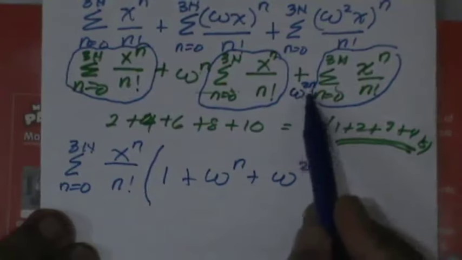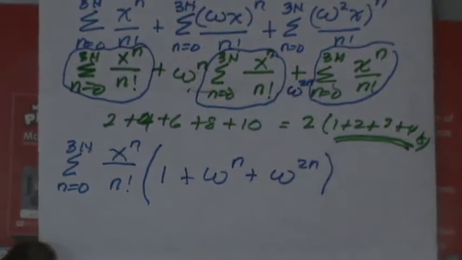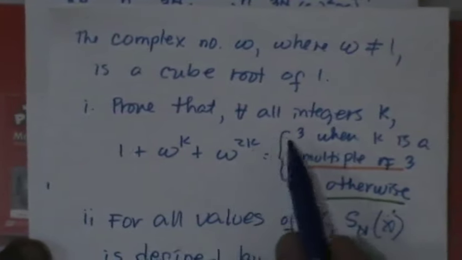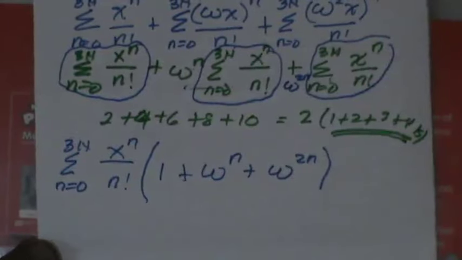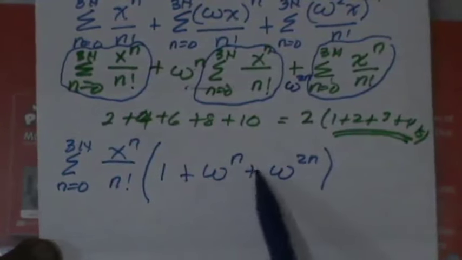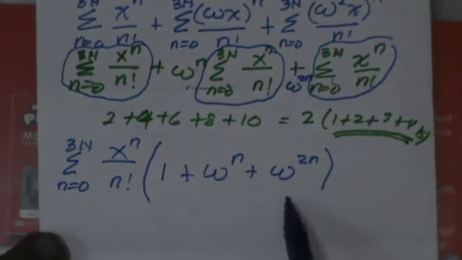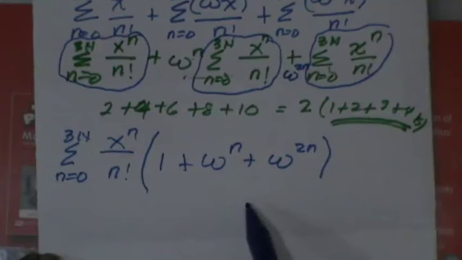Alright? Because that is omega 2n, that is omega n. But what do we know from our first question? We have said that 1 plus omega k plus omega 2k is equal to 3, because these are all multiples of 3. So therefore this is actually equal to 1.